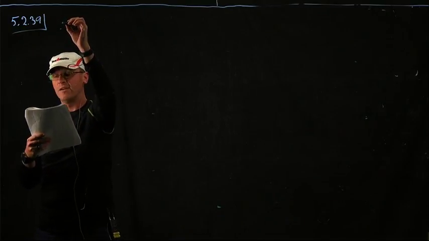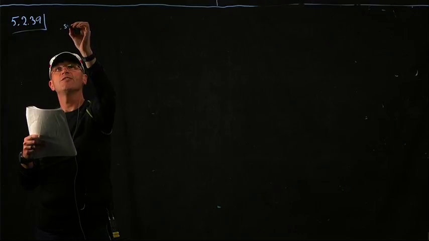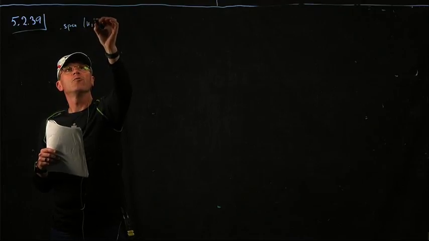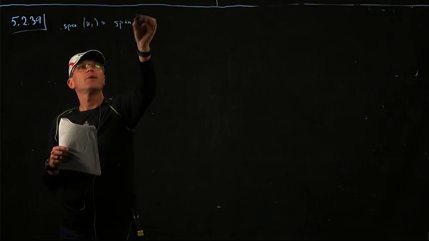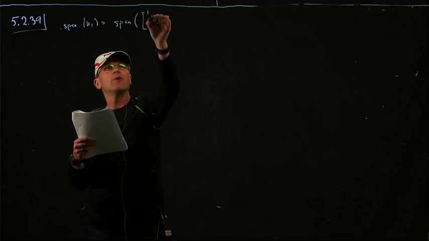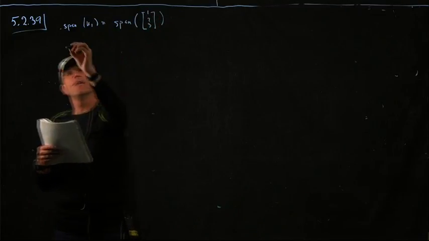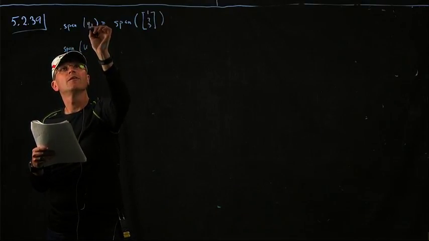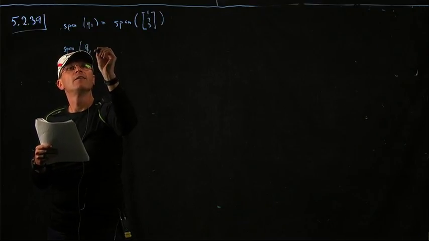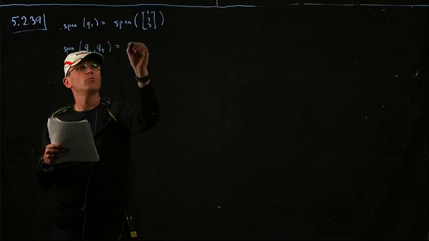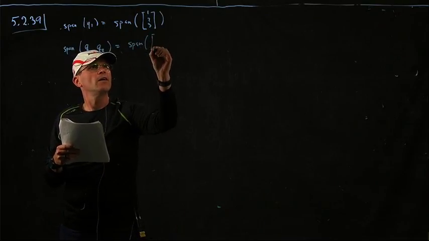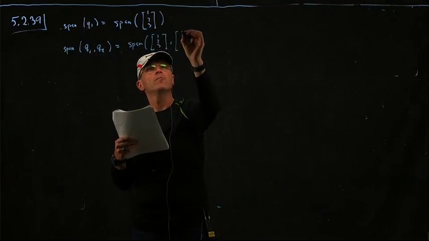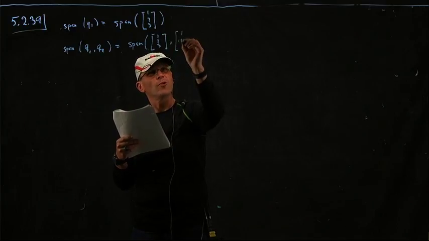So find an orthonormal basis such that the span, we use the same notation here, of Q1 is the span of the vector 1, 2, 3, and Q1 and Q2 should be the span of 1, 2, 3 and 1, 1, minus 1.